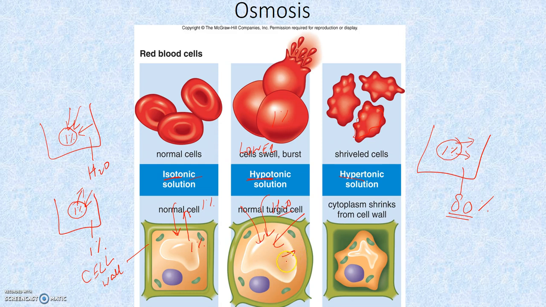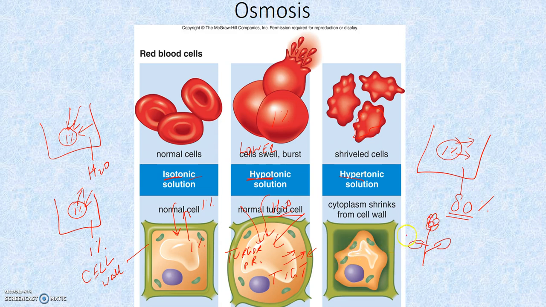So cytoplasm is pushing against the cell wall. Cell wall is pushing inside. In this condition, the cell is tight, the cell is taut, and we say, oh, the cell is turgid. The cell has very high turgor pressure. This is very important for plants to remain erect.